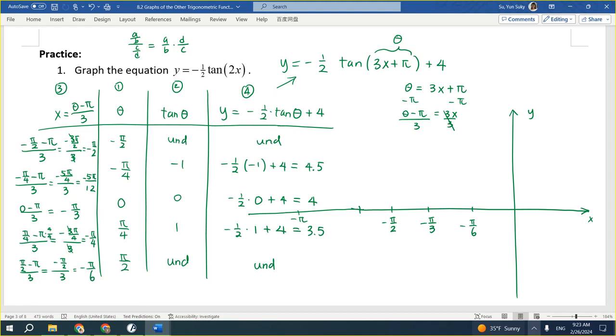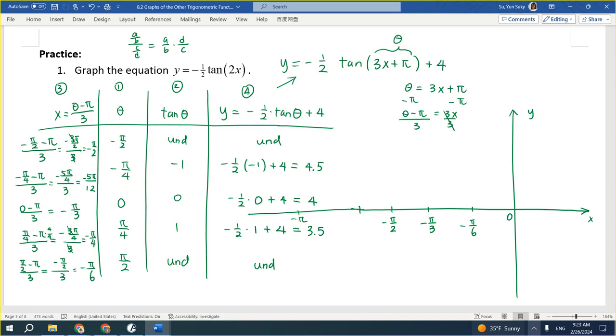You divide it into 6 pieces. How about pi over 4? Into 4 pieces. So pi over 4 will be in the middle between negative pi over 2 and 0. And now you continue.